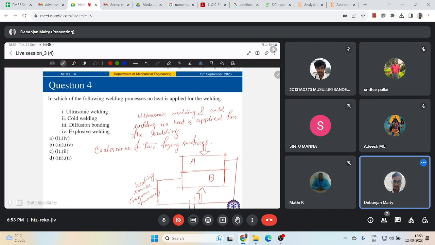Now, here the process does not involve any kind of macroscopic deformation, or any relative motion of the two workpieces. These are fixed altogether, right? And you keep them in a vacuum furnace. That's why diffusion bonding always takes a long time.